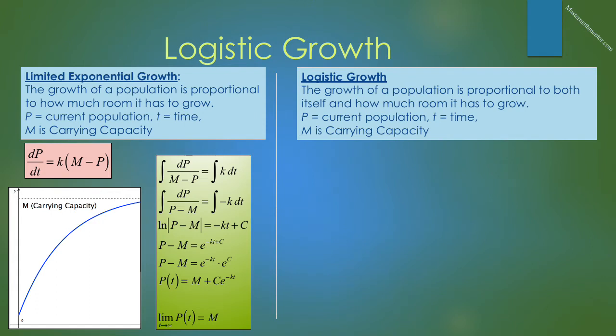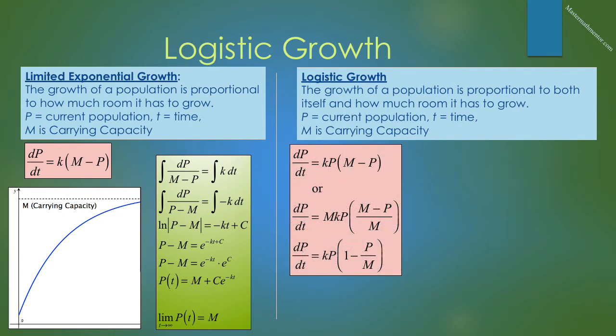A third type of growth is called logistic growth. In logistic growth, the growth of a population is proportional to both itself and how much room it has to grow. As we saw with limited exponential growth, there are three variables: P, which represents the current population, t, which represents time, and M, which represents the carrying capacity.